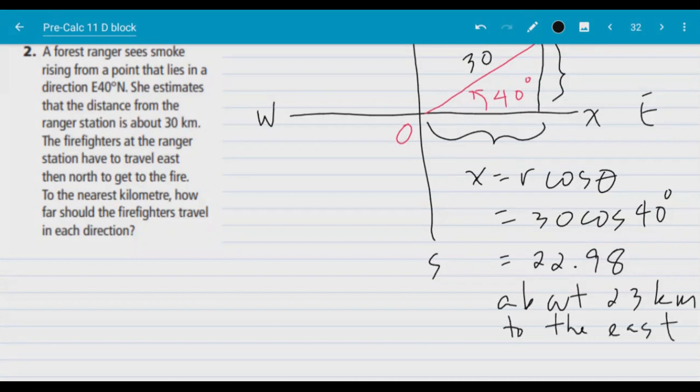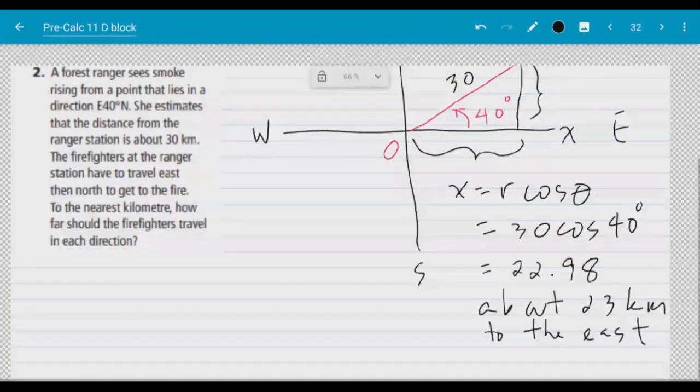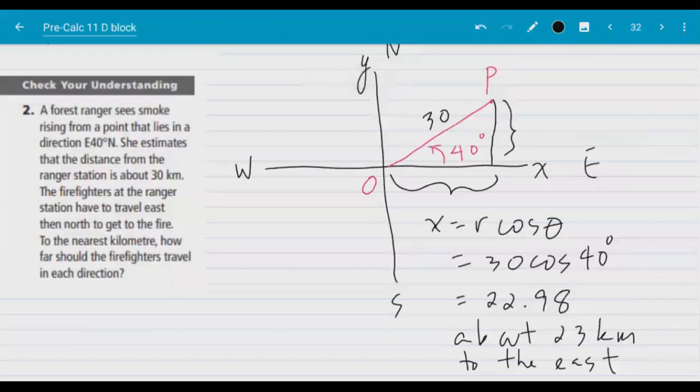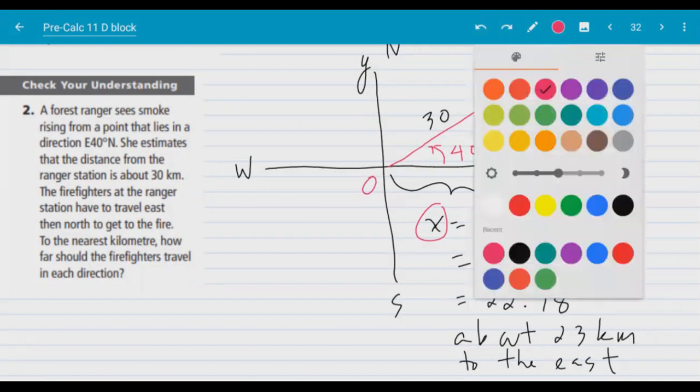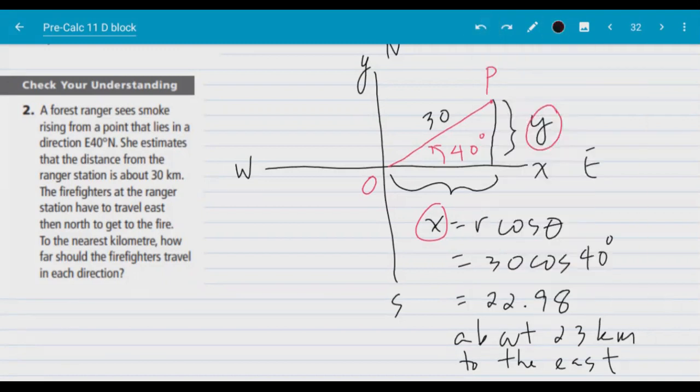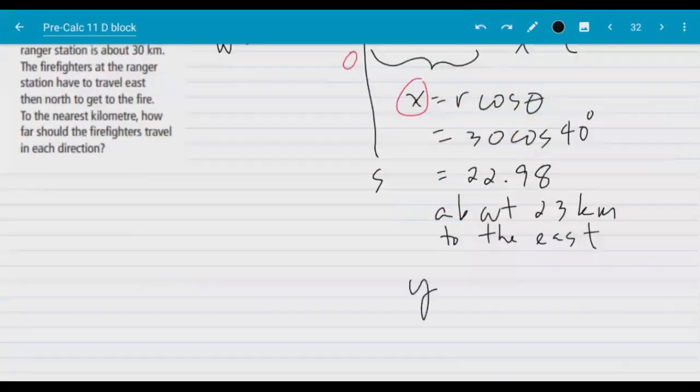And then we're also supposed to figure out how far they're supposed to travel going due north. So it's this one this time that I need to find out. Now I'm doing the y. To find the y, we already saw it earlier, it's r sine theta.